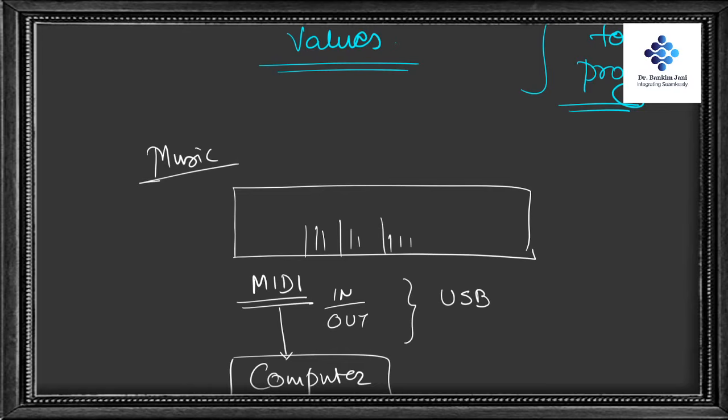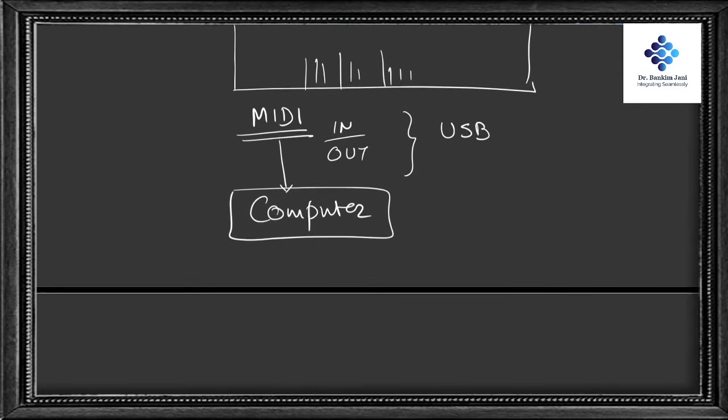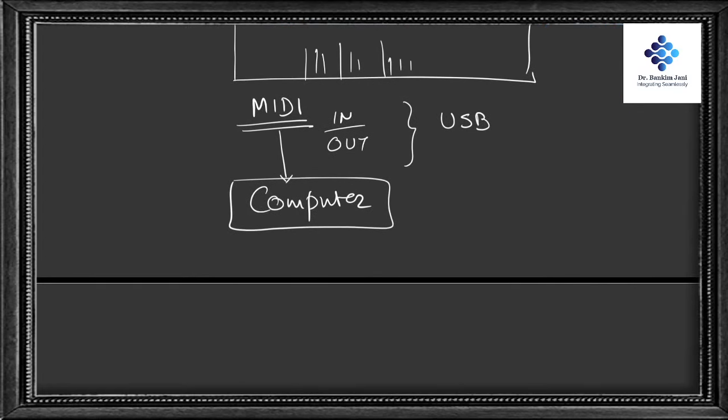Whether it is MIDI connectors or USB, the whole idea is very simple: it would be sending variables and values. If there is a tune which you are playing, it is not actually sending the music, but it is sending all these things in a digitized format, and then your computer is processing it.